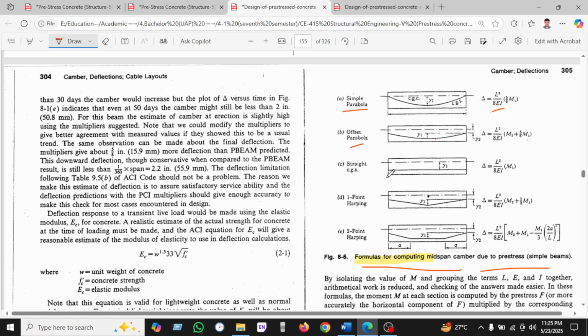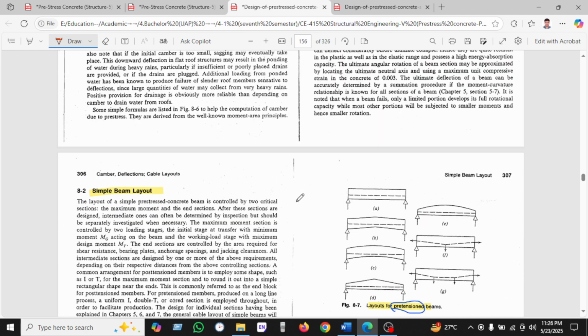For straight CGS, L square divided by EI into M1. For 1 point harping, it will be L square by EI into M2 plus 2 by 3 M1. For 2 point harping, it will be L square by EI into M2 plus M1 minus M1 divided by M3 into 2L. This formula will be applied.